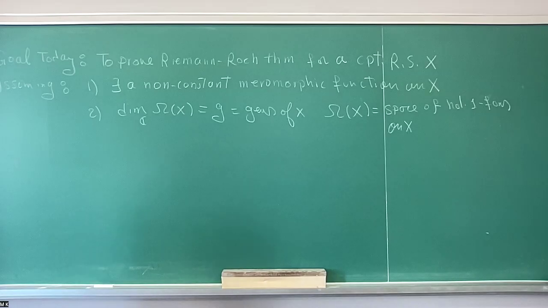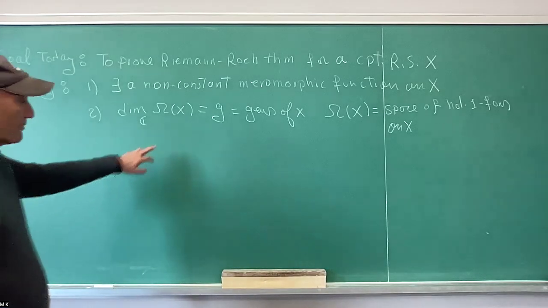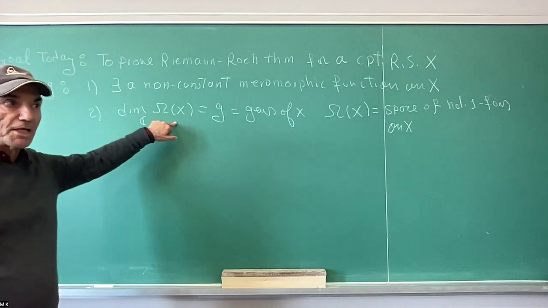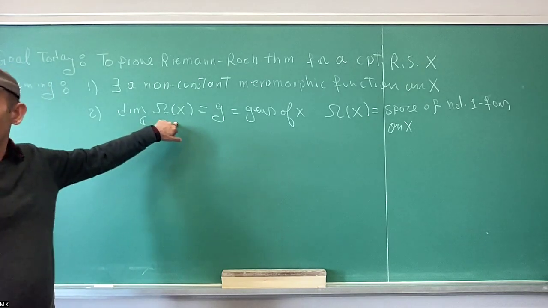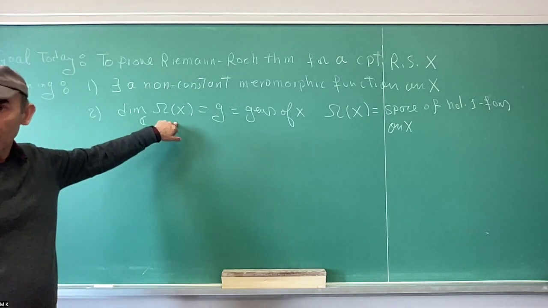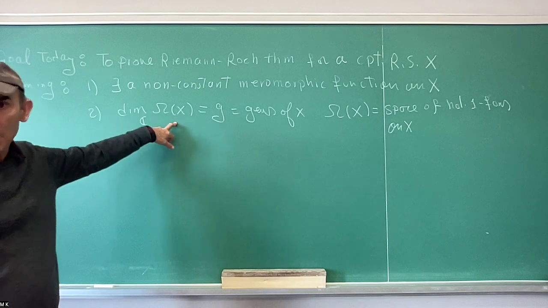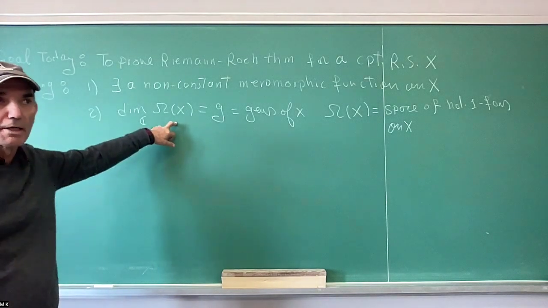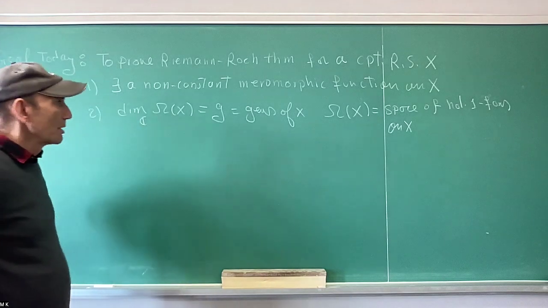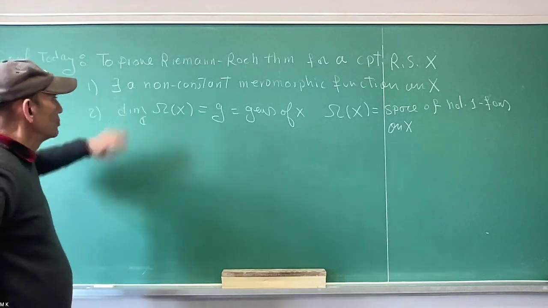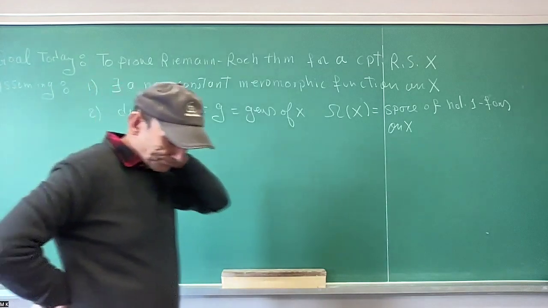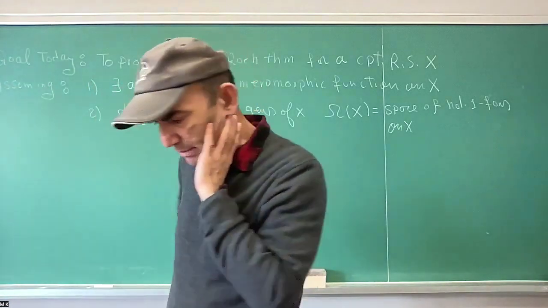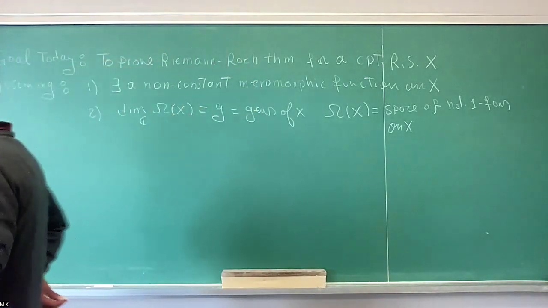By the way, if your surface to start with is algebraic, both of them are much easier to prove for algebraic Riemann surfaces that are given, say, by a homogeneous equation or as a smooth compactification of smooth plane curves, such things. So it's not unreasonable to assume that.